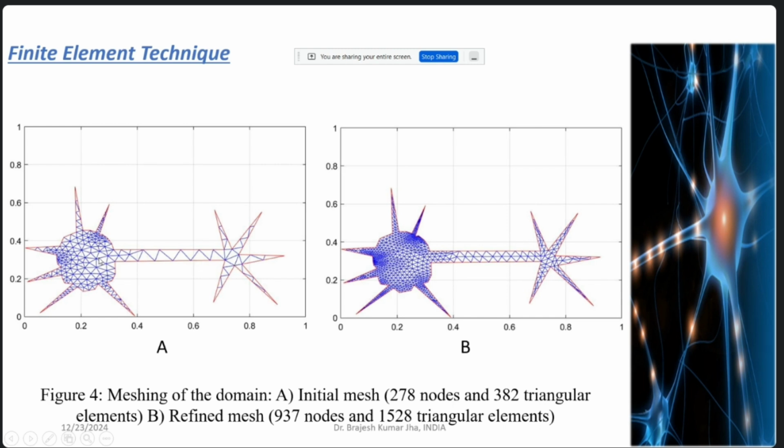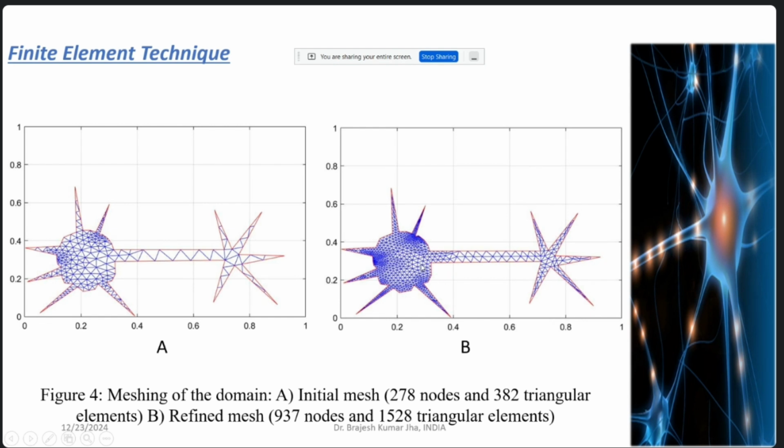You can refine the number of elements. So that is the meaning of refinement of the mesh. The triangles increase from 382 to 1528.